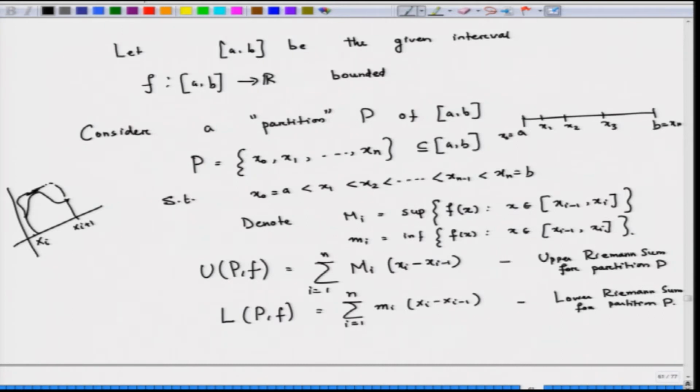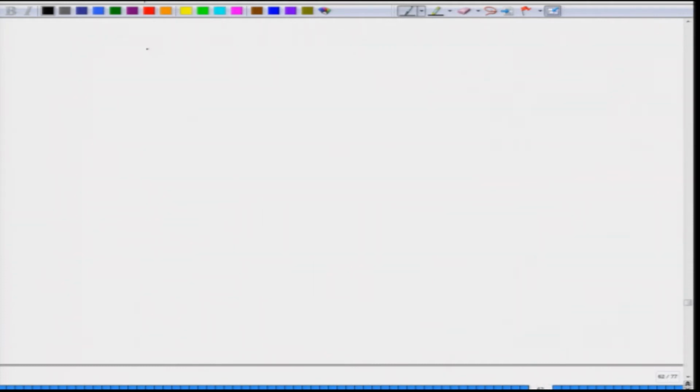Now, as you can see, given any partition P, L P f is greater than or equal to the summation over i from 1 to n of m i times x i minus x i minus 1. x i minus x i minus 1 is positive, and this small m i is the infimum of f of x in that interval.